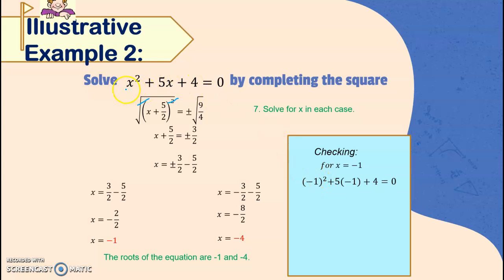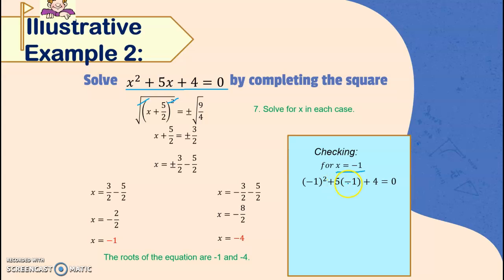yung equation na gagamitin mo is yung very first, no? So, x squared plus 5x plus 4 equal to 0. So, negative 1 squared plus 5 times negative 1 plus 4 equal to 0. I-substitute nyo lang yung value na to, negative 1. Pagkatapos, simplify na yan, magiging 1 na to.